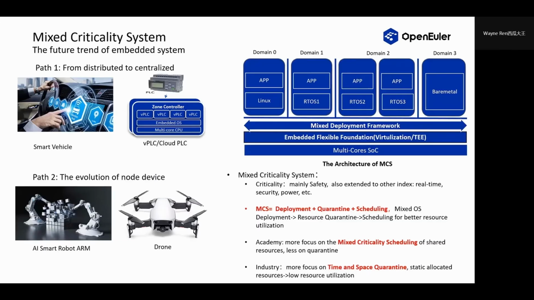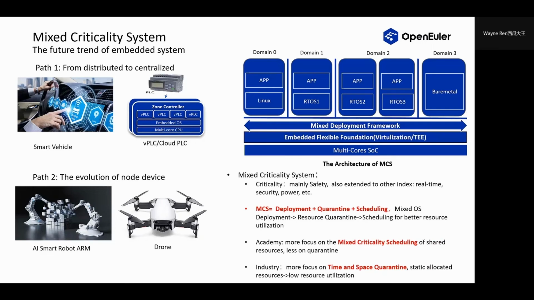From the example of the motion control system, I want to start the discussion of mixed criticality systems, which in my viewpoint are a future trend of embedded systems. There are two paths to show this trend. Path 1, from distributed to centralized. The motion control system is one example.